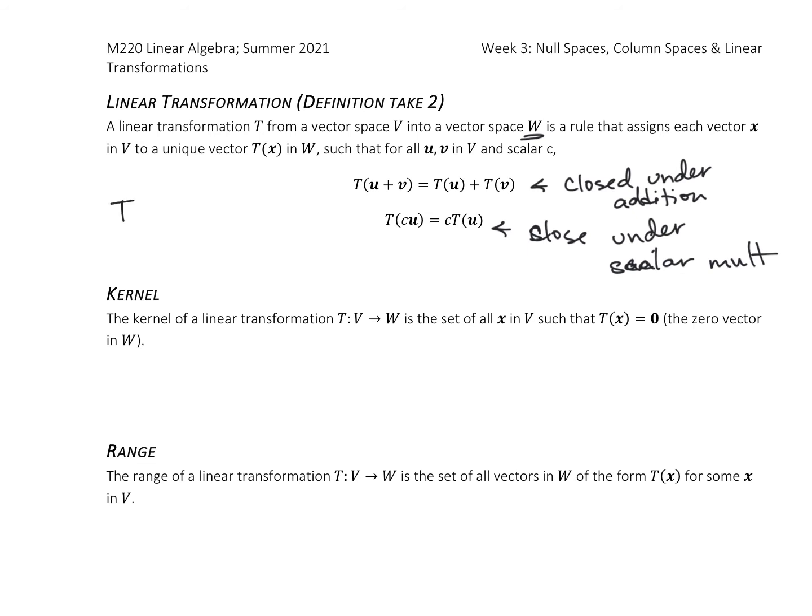We saw this before as Rn onto Rm, depending on the size of things. So it's basically the exact same definition we had before, but instead of R's, we talked about V's and W's. So we're talking about it in terms of vector spaces.